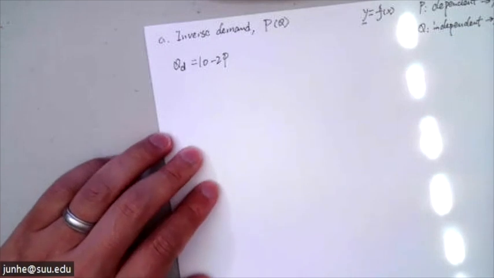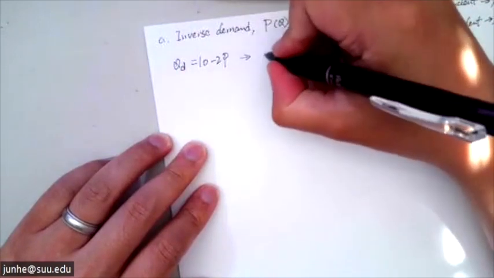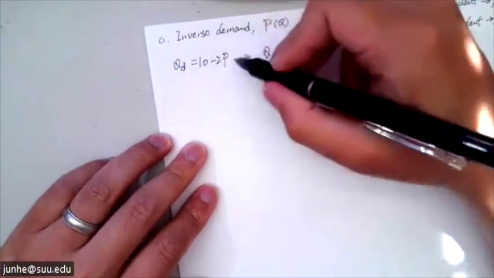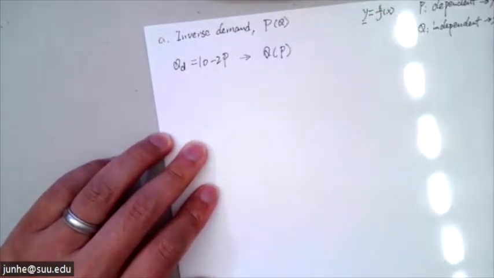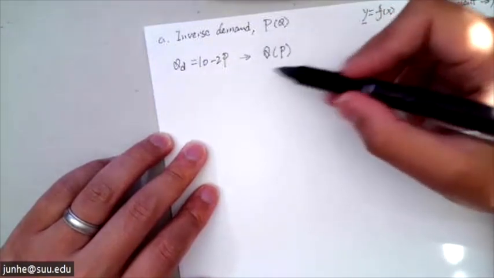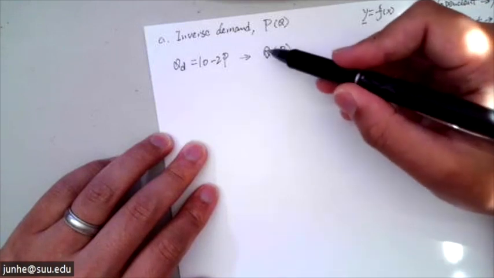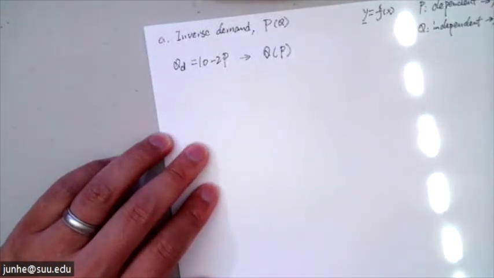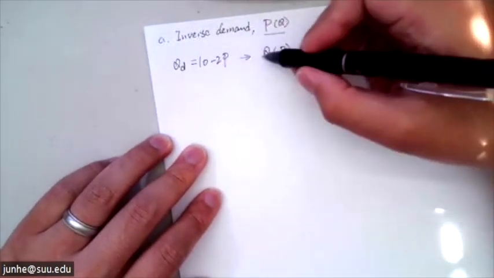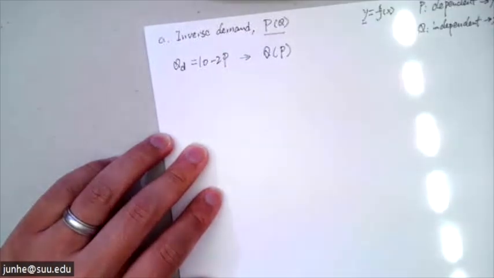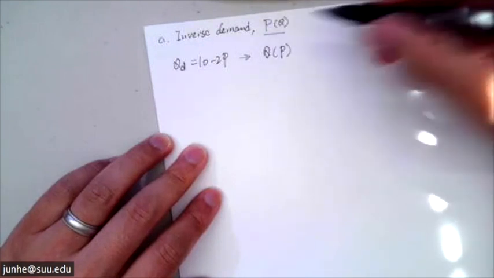Here, if we were to find the inverse demand, in this case, Q, which is the dependent variable, is expressed as a function of P. This is how it is written in general terms: Q is expressed as a function of P. Q is the dependent and P is the independent. Now the question asks us to convert this expression into the inverse, in which the dependent now switches to P and the independent now switches to Q.